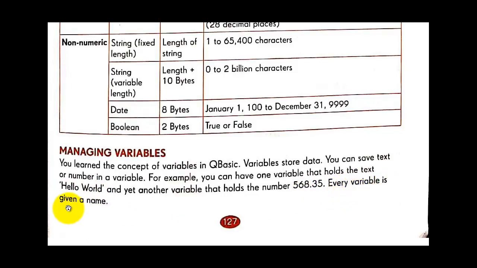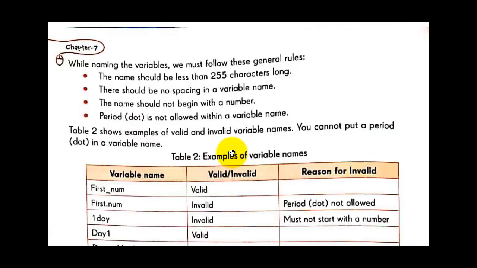Every variable is given a name, and we should give a name to every variable. So a variable can hold text or number, and every variable is given a name. Now let's go to the next page.